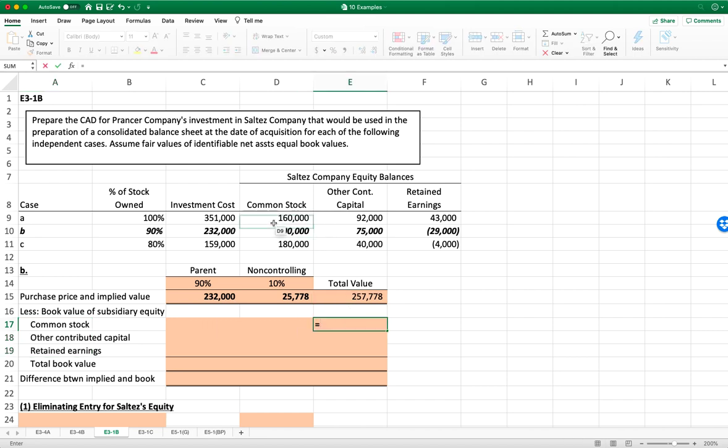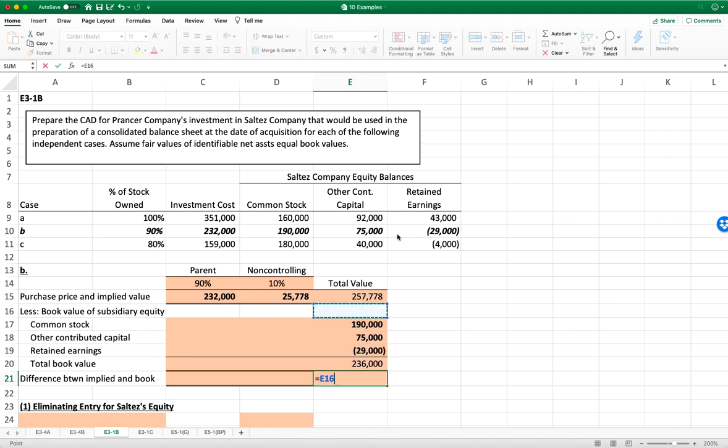Common stock was $190,000 on the date of acquisition. Other contributed capital was $75,000 on the date of acquisition. And we actually had a retained deficit of negative $29,000 in our equity account there. So if we add these up together, we get a total book value of $236,000 for Saltez.